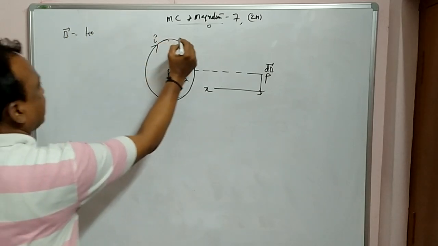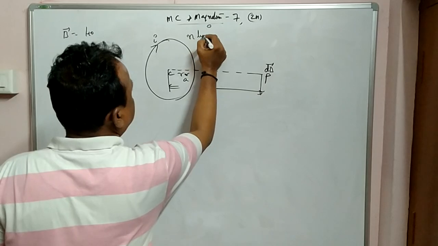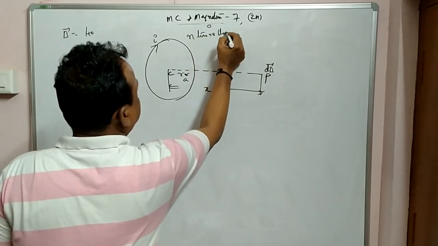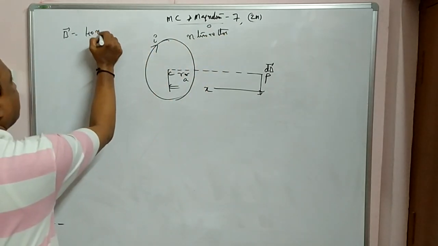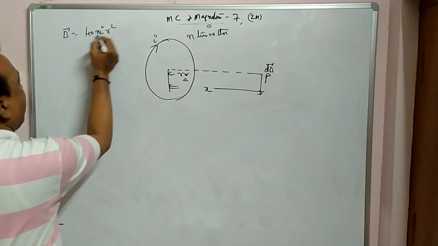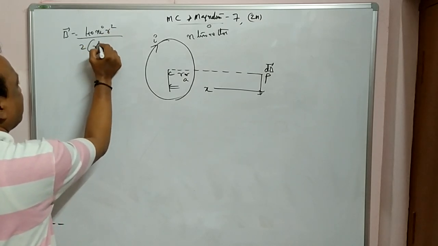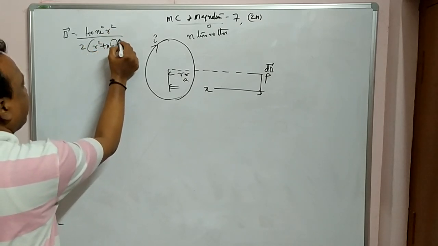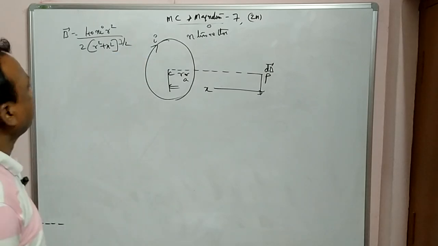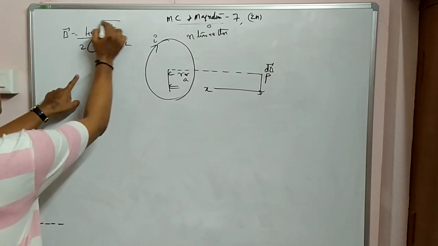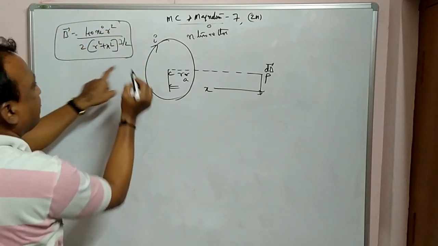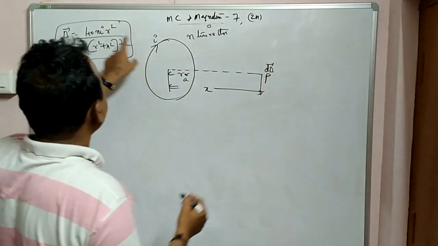Suppose if n turns are there, B is equal to mu naught N I R square by 2 into R square plus x square power 3 by 2. If number of turns are n, then use this formula.